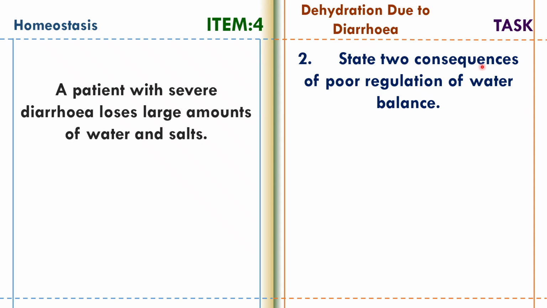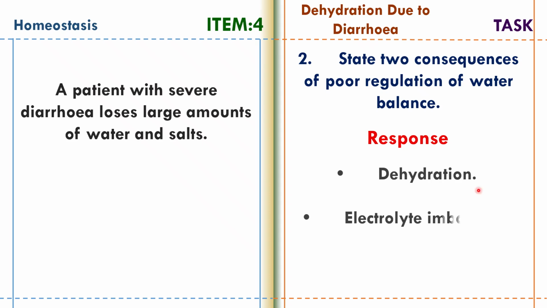State 2 consequences of poor regulation of water balance. Dehydration, electrolyte imbalance, and reduced blood volume.